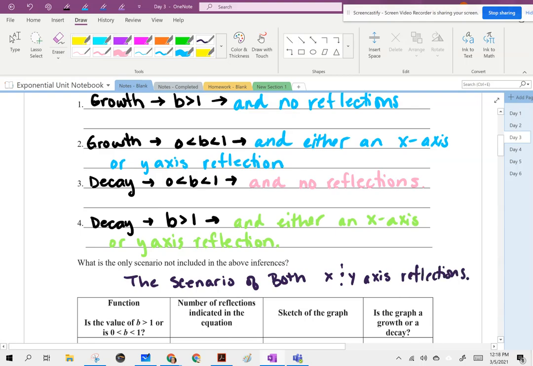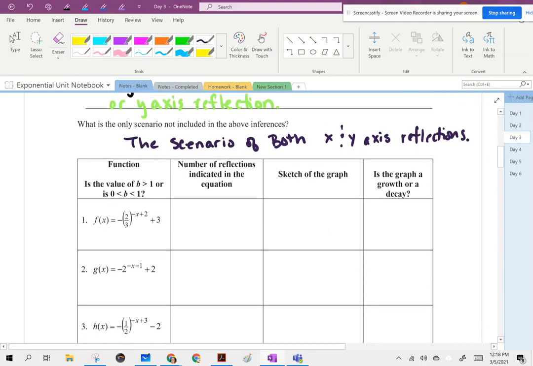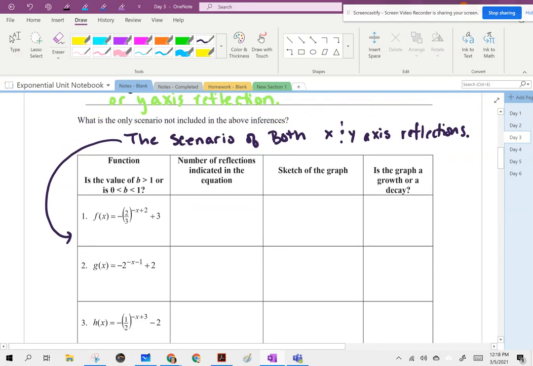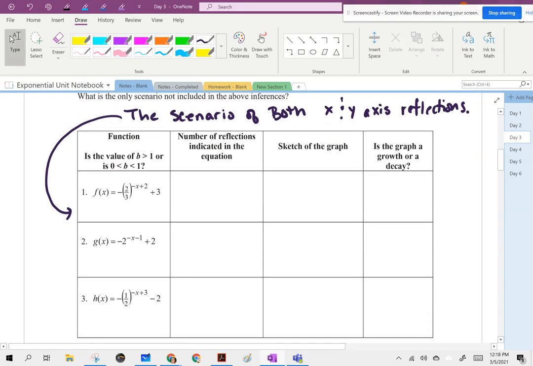All right. So before we go into this table right here, we're going to talk about that scenario right here. But before I do that, let's do the first two columns, and then we'll go into the Desmos that I have prepared for you.